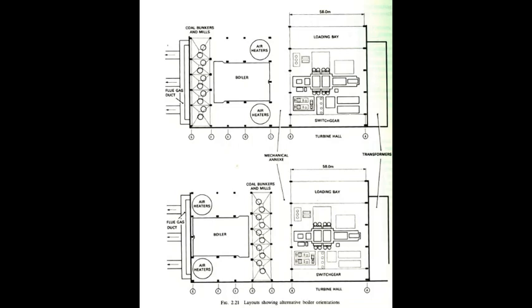If you see this, towards the chimney in some plants you have the milling system layout, coal bunkers and mills, and in some plants you will find that unit-wise the layout is such that the milling system is between the boiler and the turbine bay.